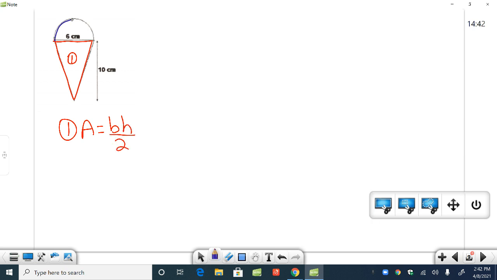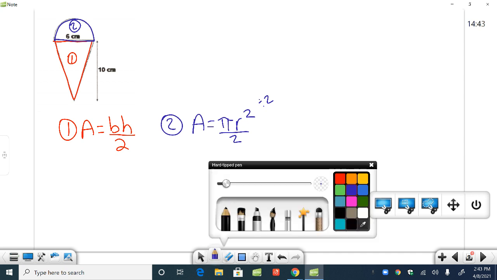Then shape number 2 is this half circle. So we know that we're going to need to find the area, which is pi r squared. And then in the end, we need to remember to divide it by 2. So maybe just put that in your formula, so that way you know you need to divide by 2. Something to help you remember. So let's go back to shape number 1.